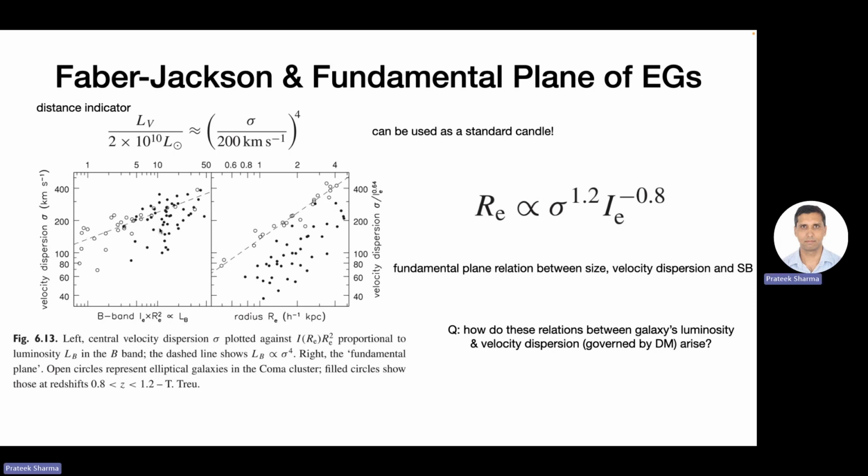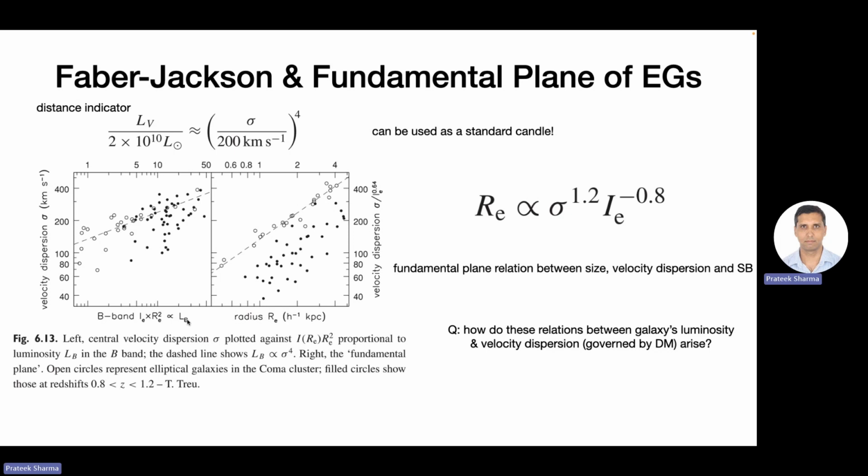What you see is that the luminosity is not very tightly, but correlated with velocity dispersion. Velocity dispersion is measurable, right? However far you put the galaxy, if you get its spectrum, you can measure the velocity dispersion. The x-axis is essentially luminosity.